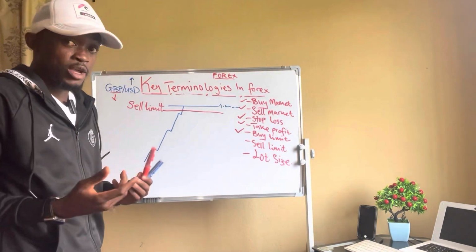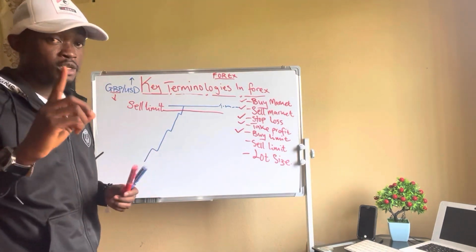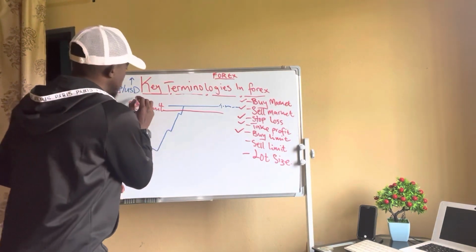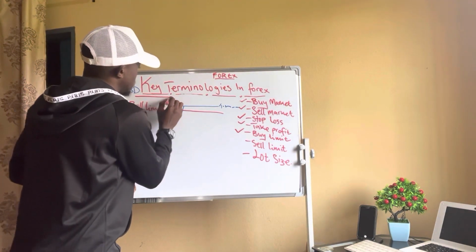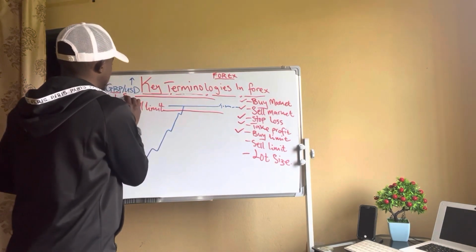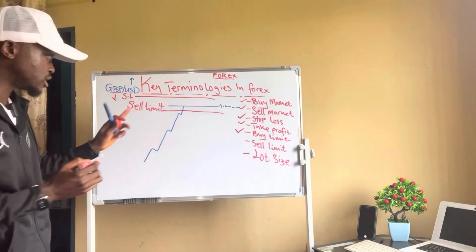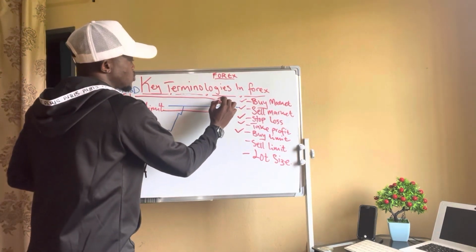Now, when you place your sell limit, what next? Stop loss. You set your stop loss above. SL. That is your stop loss that you have placed on a certain price, maybe 1 point something.